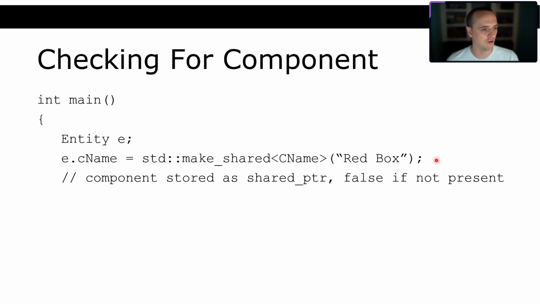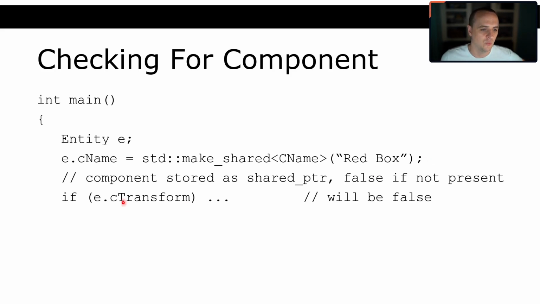Anything other than 0 means true. And so this is a great shortcut that lets us do something like this. So we can say if e.transform, and that checks to see whether or not the transform component exists inside this entity.